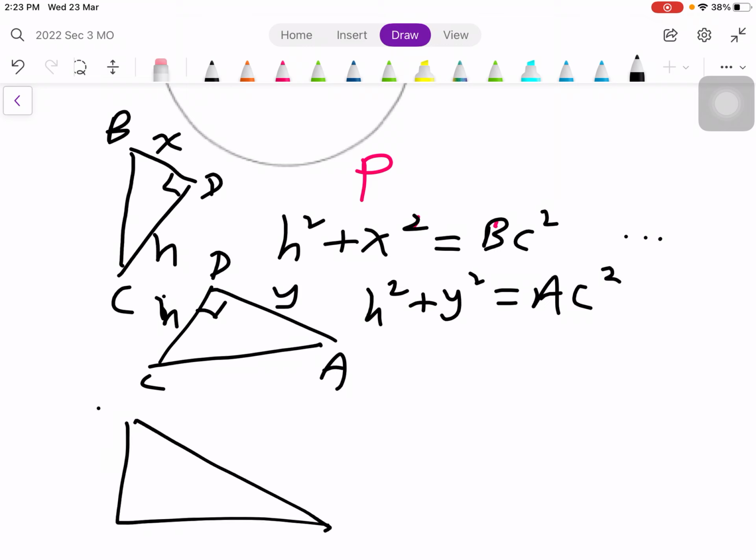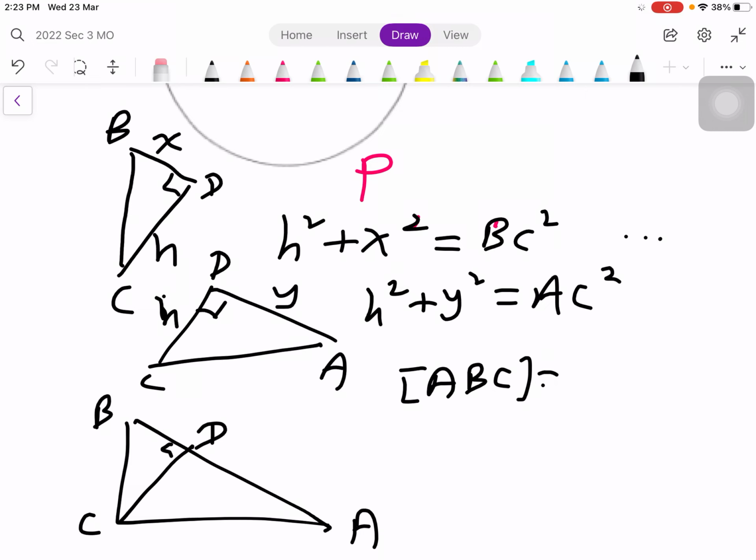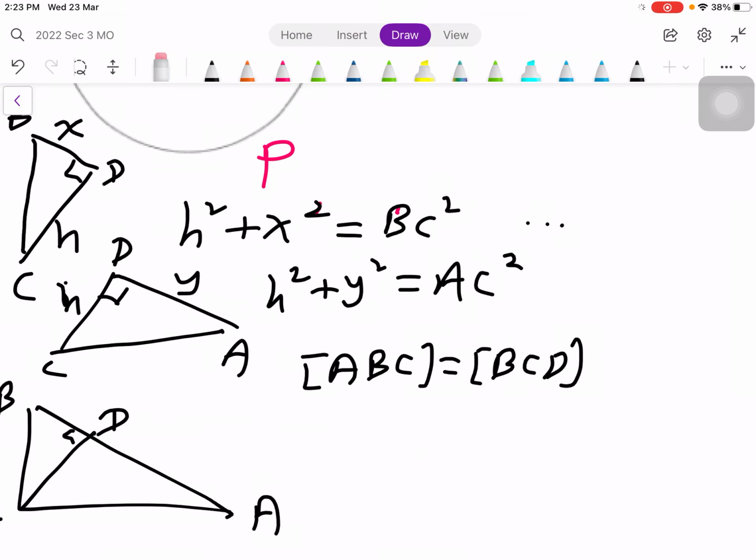This is your B, this is your C, and this is your A, and this part here is 90 degrees, and this is your D. Therefore, the area of triangle ABC, when I put this square bracket, it means the area of triangle ABC is equal to the area of triangle BCD plus the area of triangle ACD. Then how do you calculate the area of triangle ABC?